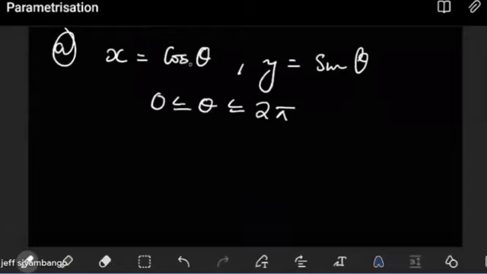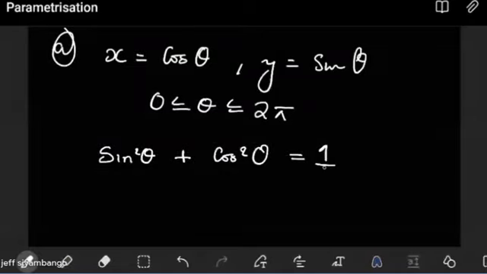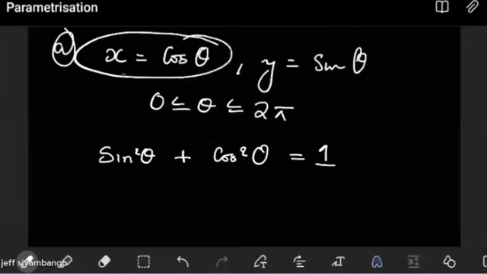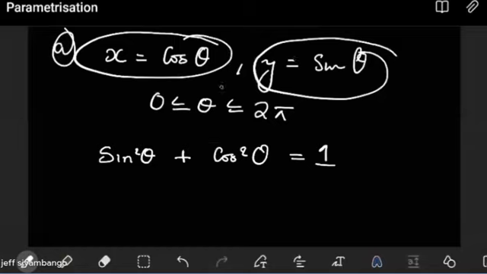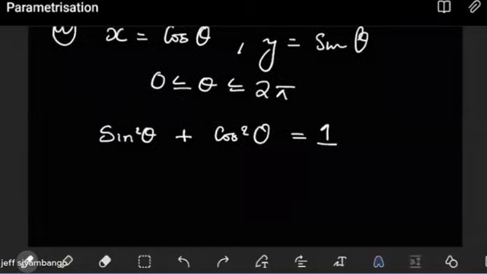Well, here we utilize the fact that if we had sine squared theta and cos squared theta and we just added them, this would give us 1. If you look at the parametric equations, the first one is the definition of cos theta. The second one is the definition of sine theta.